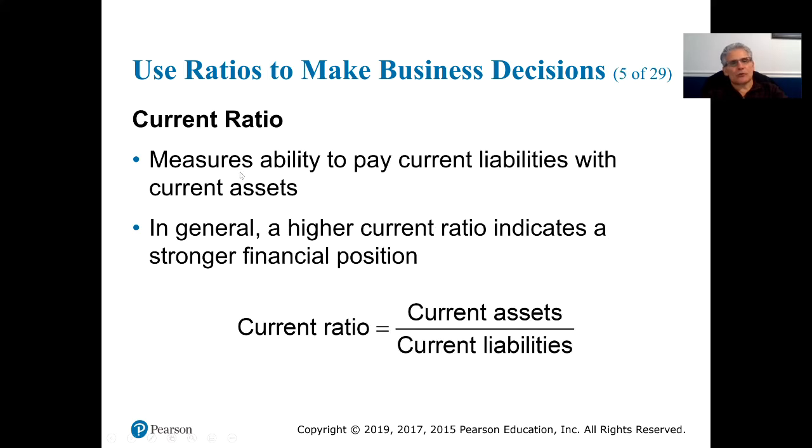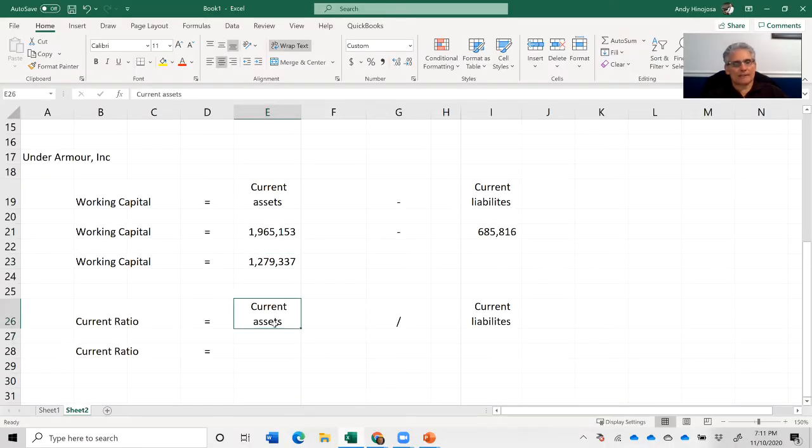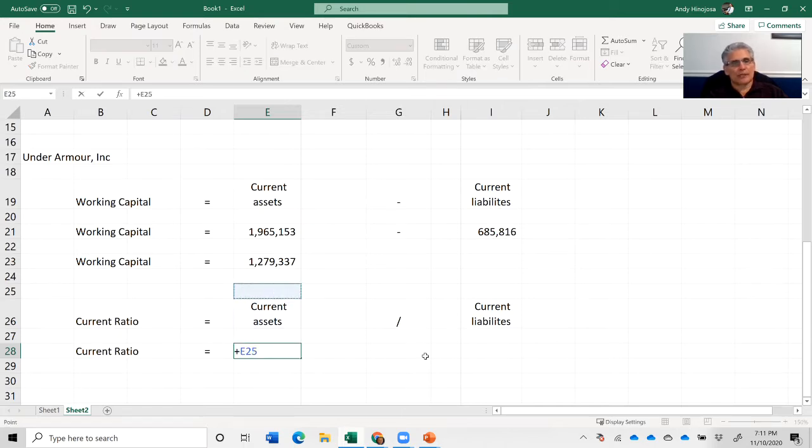The next ratio is called the current ratio. The current ratio looks at the same numbers, but rather than subtracting them, you have a division. And the current ratio is computed by taking current assets divided by current liabilities. Now we already got the numbers from the balance sheet for working capital because we're using the same numbers. The difference is we're doing a division rather than a subtraction.